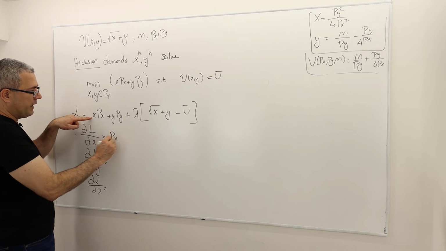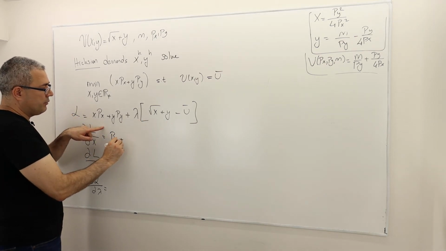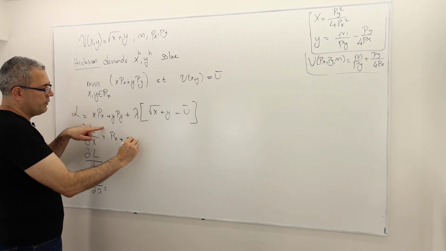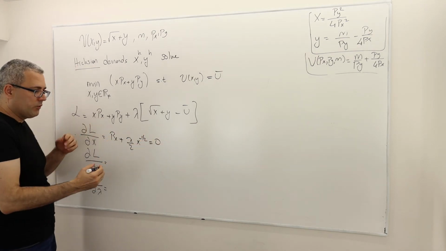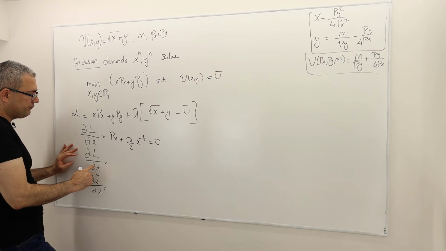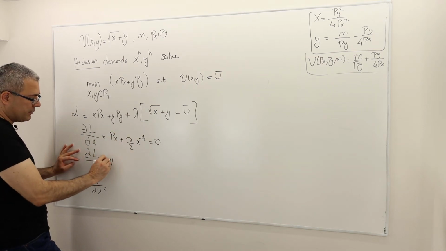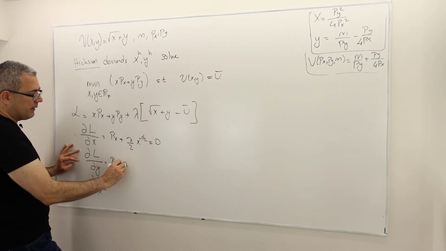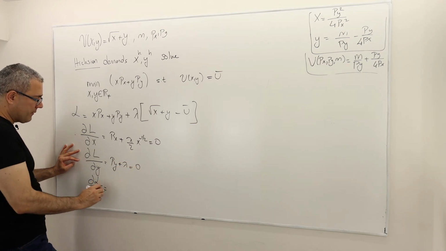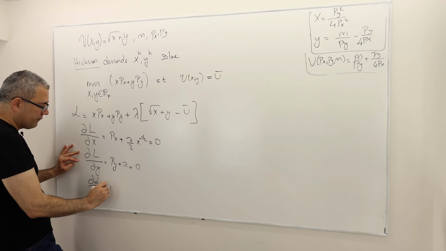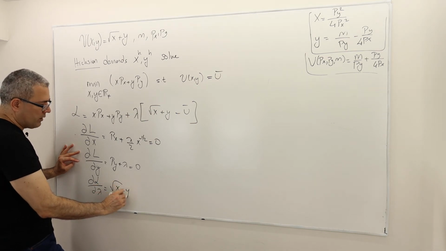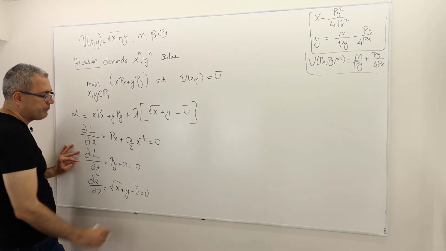Here it's just p_x. Here it's plus lambda over 2 x to the power minus 1/2. That's it. Equals 0. Here, the partial derivative with respect to y is p_y plus lambda equals 0. And then the partial derivative with respect to lambda is just going to give me the square root of x plus y minus u bar equals 0.